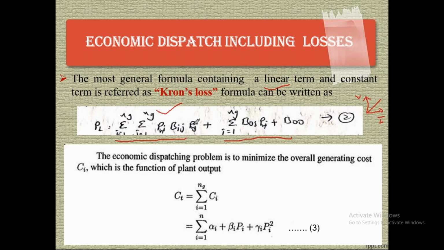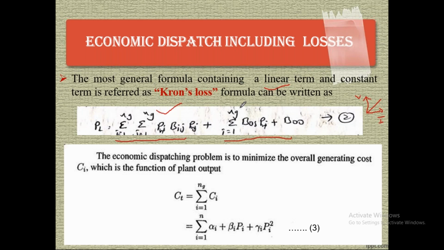So this combination is called Kron's loss formula, and it consists of a linear term and a constant term. The first term is the linear term and the second term is the constant term. Up to now it is new for you, because we did not use these two formulas in the last derivation. But the upcoming formulas, which we derived and discussed in the last derivation, you will get in that.